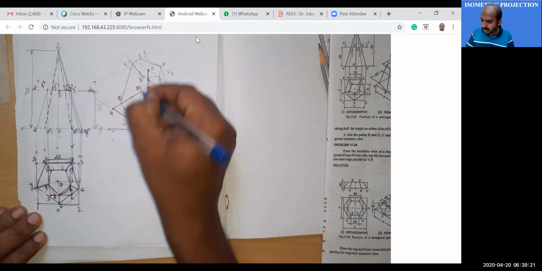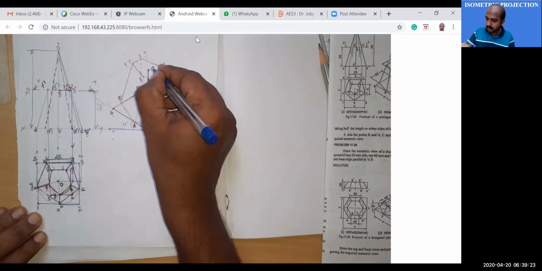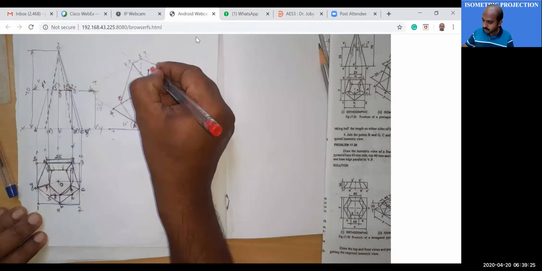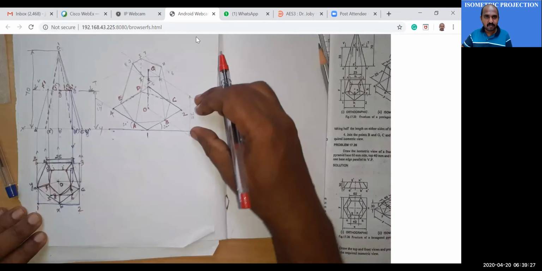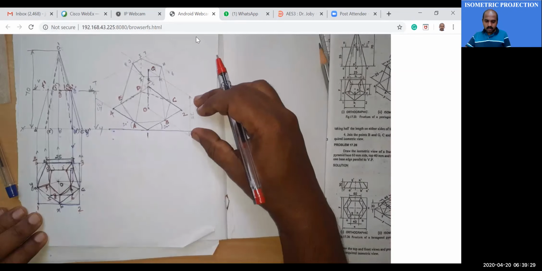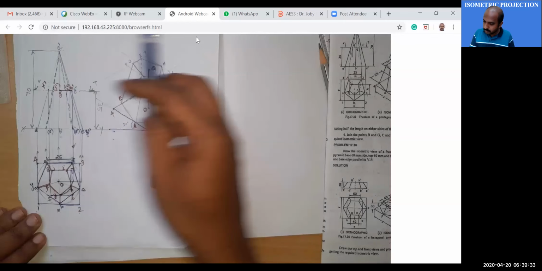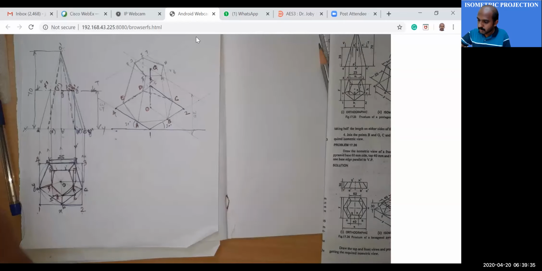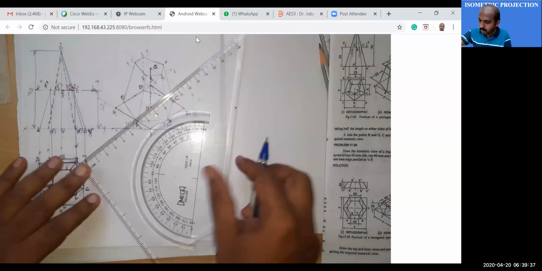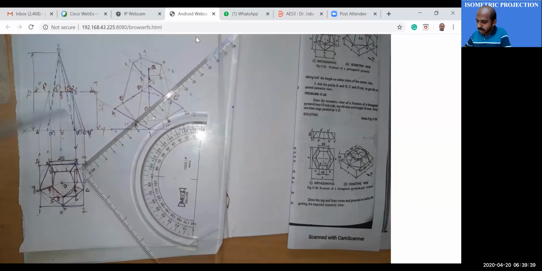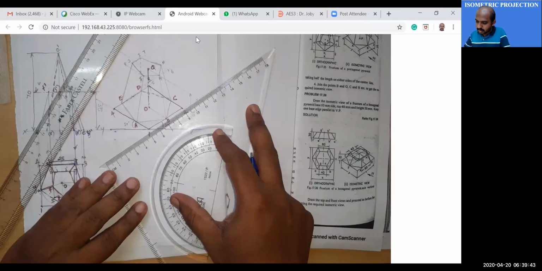At 35 mm height we mark capital Q. Now, the next thing is very important. Through O and Q, you draw one line which is parallel to this 1 2.